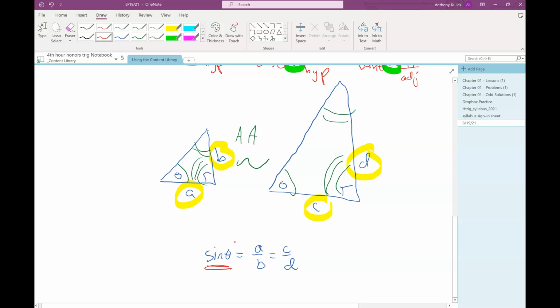It doesn't matter what the size of the triangle is. It could be gigantic or a little bit tiny. The ratio of opposite over hypotenuse is always going to be the same if it's a right triangle with this other interior angle. Always.